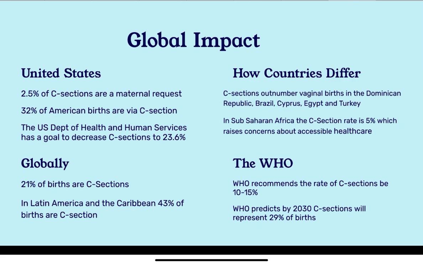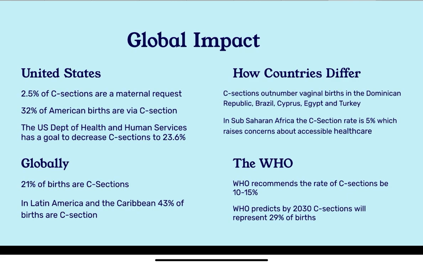Now, let's look at how countries differ. I thought this was interesting, so I wanted to include it in the PowerPoint. So, C-sections outnumber vaginal births in the Dominican Republic, Brazil, Cyprus, Egypt, and Turkey. So that means these are the countries where C-sections are used the most, okay?